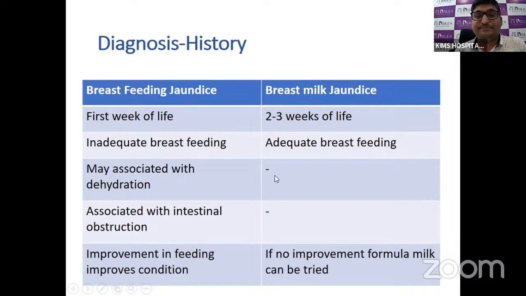When it comes to breast milk jaundice, it is generally seen after the first week of life, in the 2 to 3 weeks of life. It's present in children with adequate breastfeeding and adequate weight gain, and it is generally not harmful. It gradually improves. It may take 3 to 4 weeks to improve, and in very few cases, it may take 4 to 6 weeks as well.